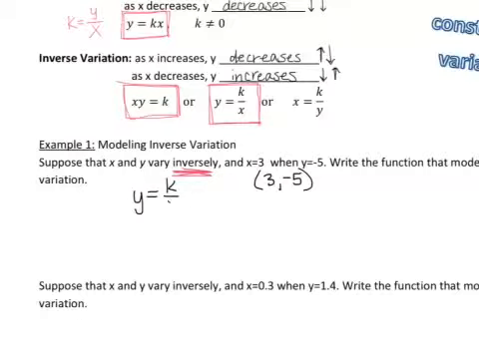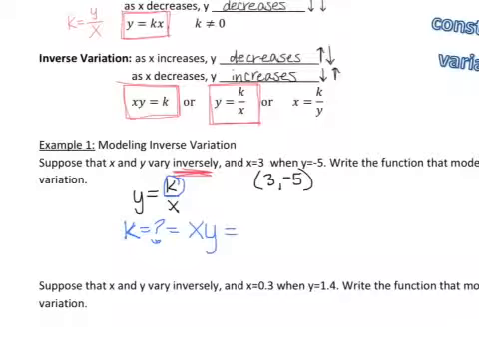K over X. And we are going to just finish out this formula by figuring out what K is. So we don't know K. We need to figure it out. What's the formula for K when we're doing inverse variation? X times Y. So we just plug in.